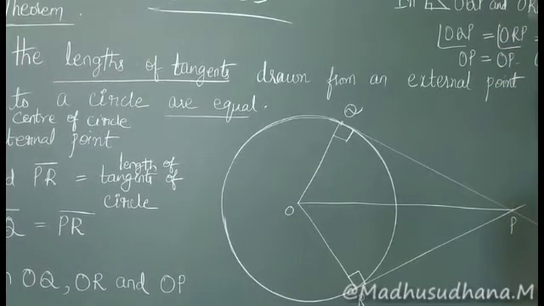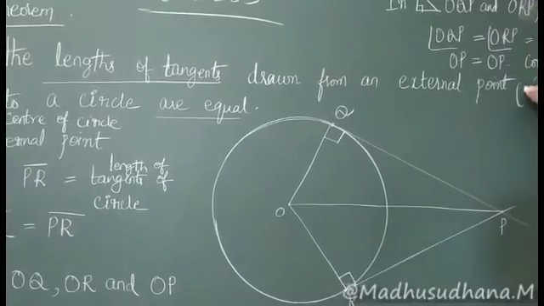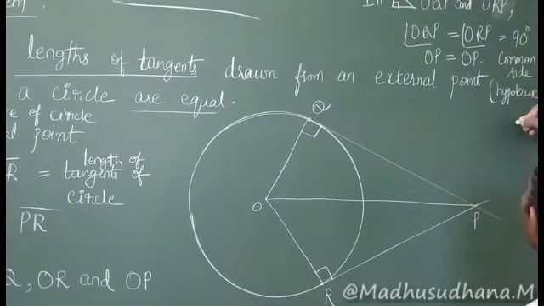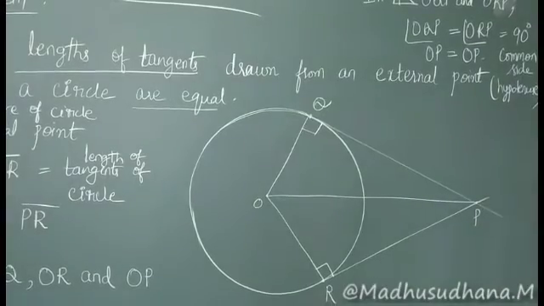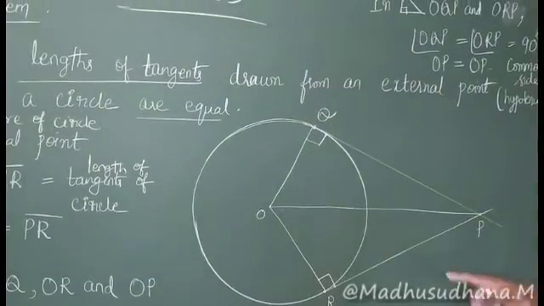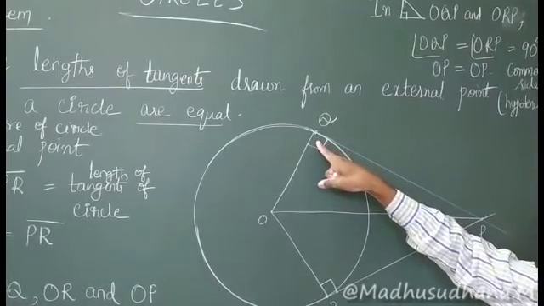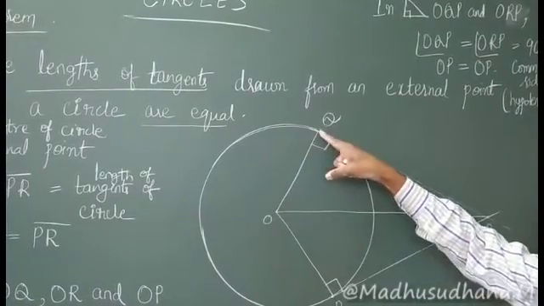Then we have OP equal to OP. This is your common side, also called what? The hypotenuse of the right angle triangle.